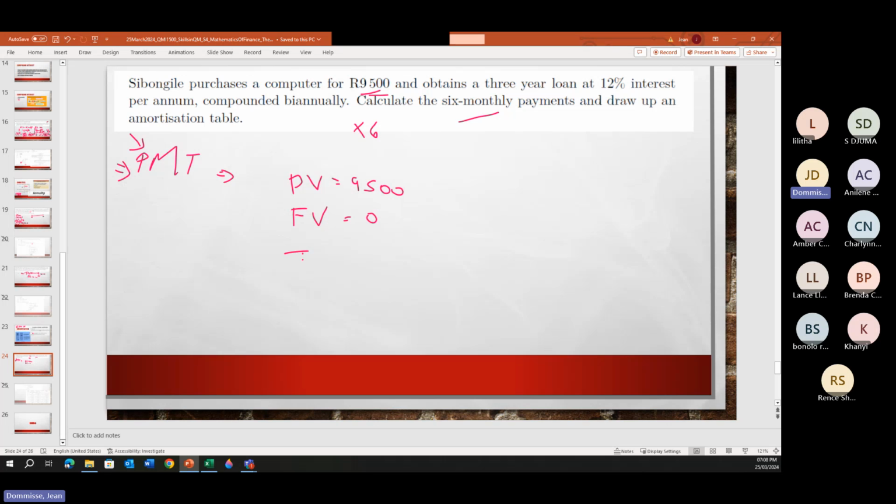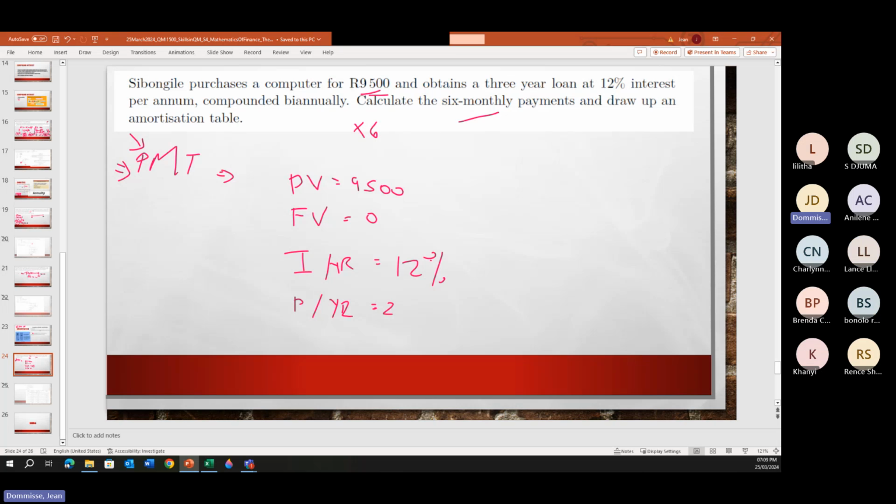Your interest rate will be 12%. Your periods per year will be twice a year. So in the formula, it will be divided by 2. If you use Excel, it will be divided by 2. If you use a financial calculator, keep it as 12 because you're putting in the 2 times per year. And then we know it is for 3 years, so it will give you 6 periods.